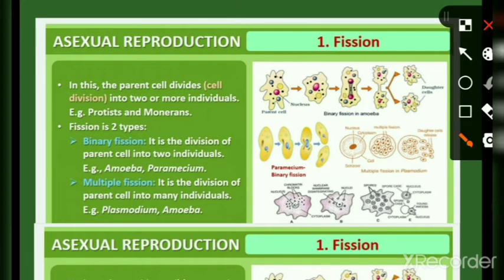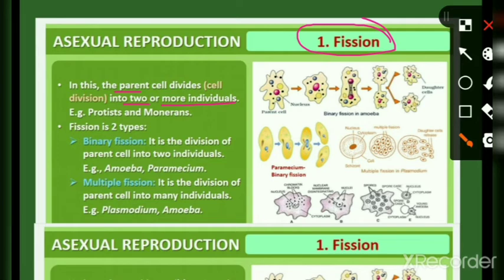The first type of asexual reproduction is fission. In fission, a single parent divides and forms two or more new individuals.